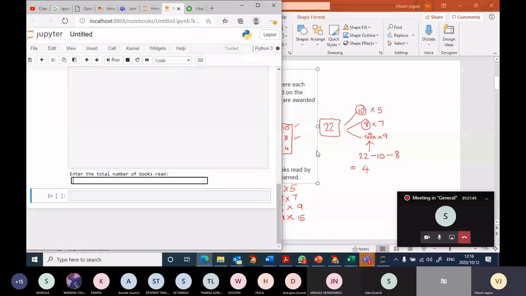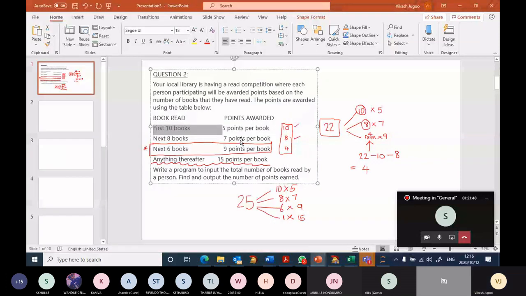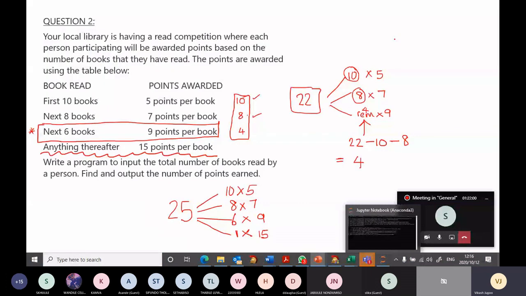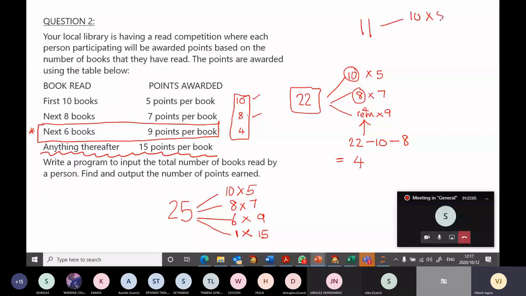Okay, this time around, let's test it for the second case. Let's use 11 books. That's an easy calculation to do. 11 is the first 10 times 5, and the remainder is 1, and that is at 7 points.